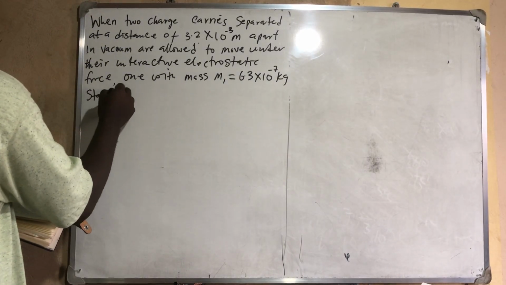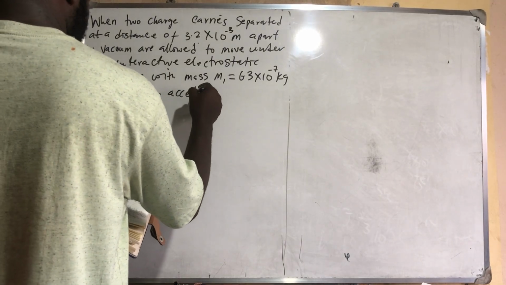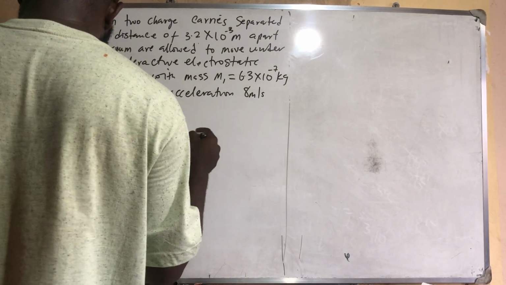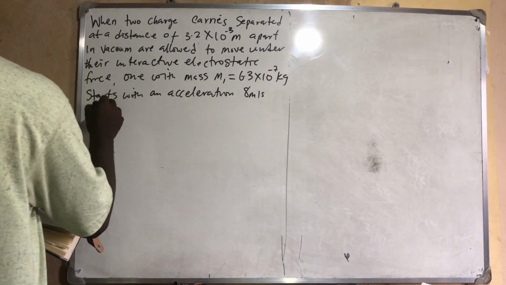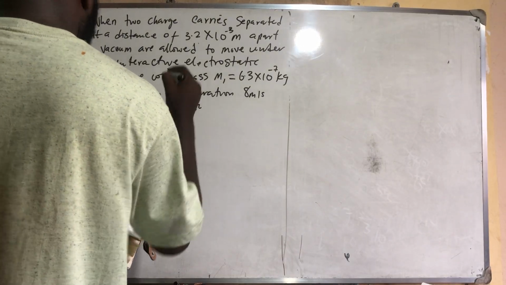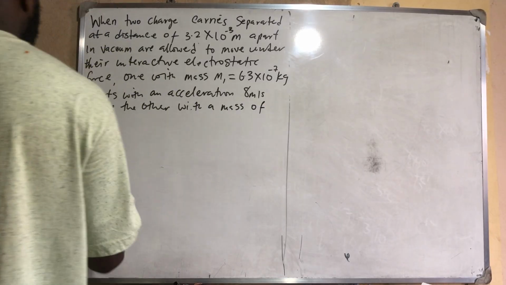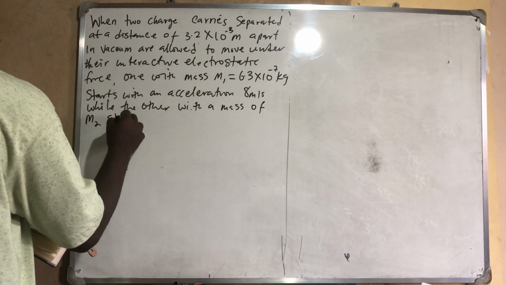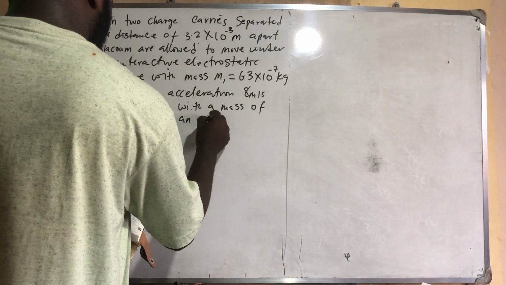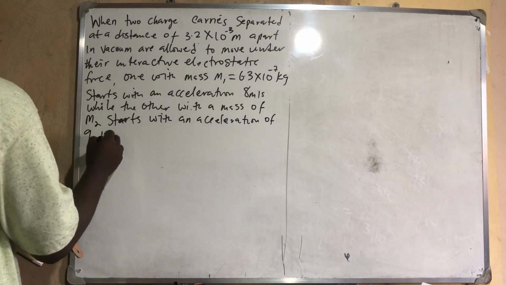starts with an acceleration of 8 meter per second square, while the other with a mass of m2 starts with an acceleration of 9 meter per second square.